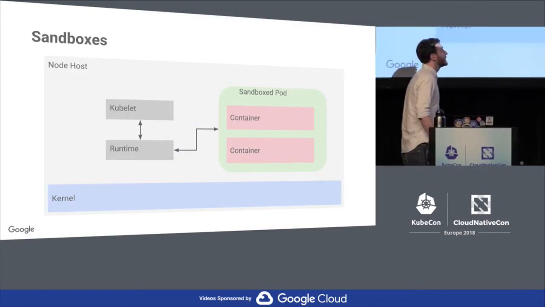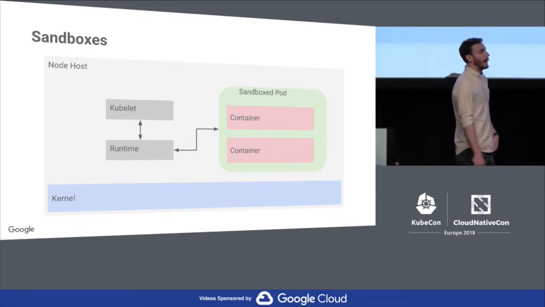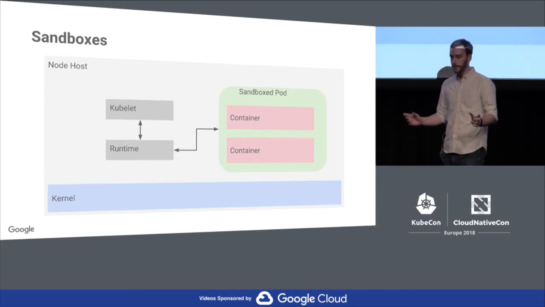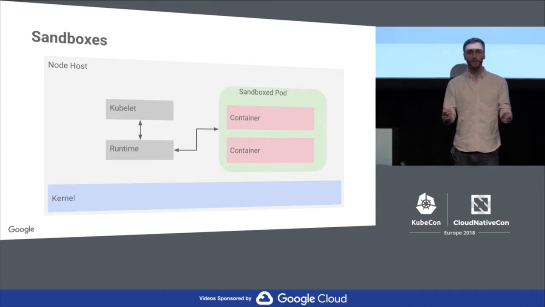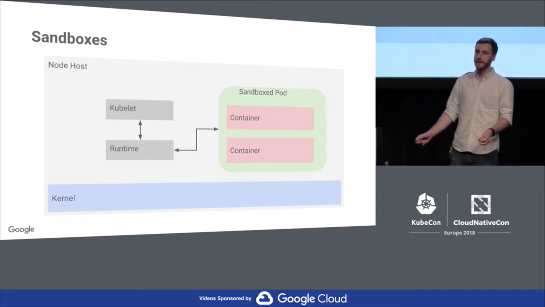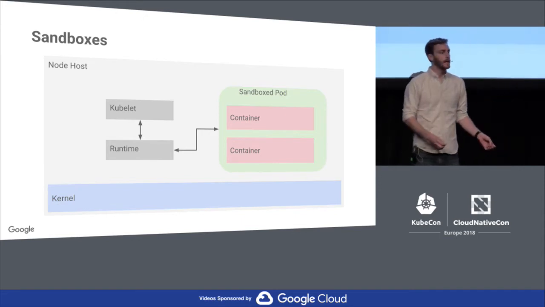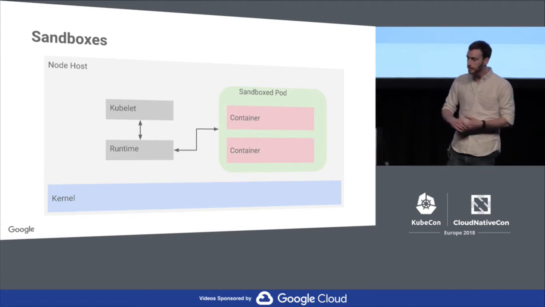So now I want to introduce sandboxes. At Google, we have this security principle that between any untrusted code and user data, there have to be at least 2 distinct security boundaries. So that means 2 independent security mechanisms need to fail in order for that untrusted code to get at that user data.